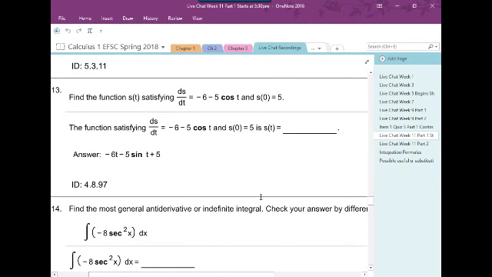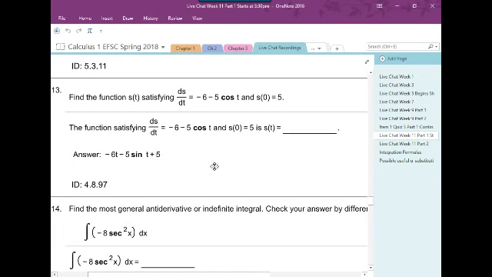Sometimes we call these initial value problems. Basically, you're given the derivative and you're asked to find the original function. Now, just being given the derivative isn't enough to know the exact original function, because remember that constant c, we never do know that, unless they give you some more information, and a pair of coordinates will work.